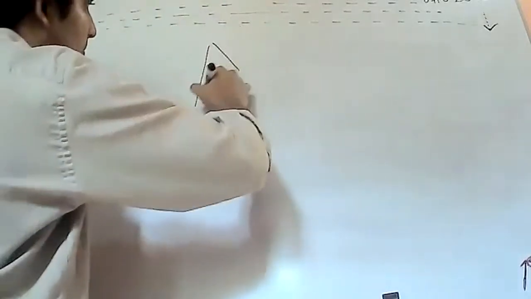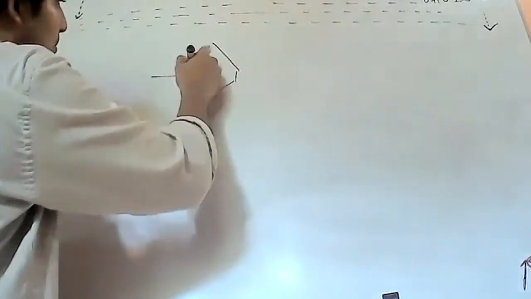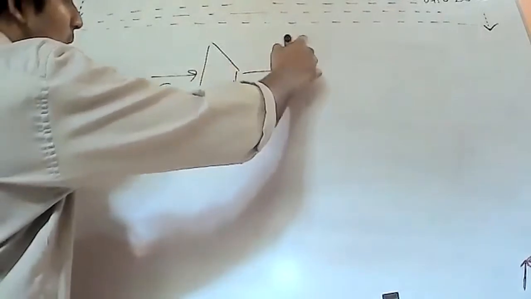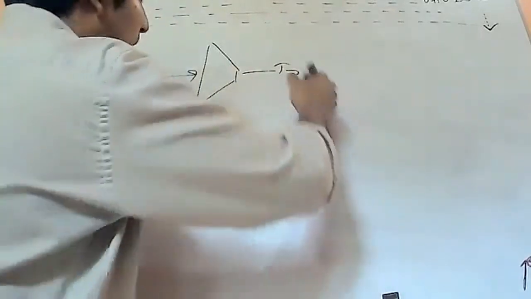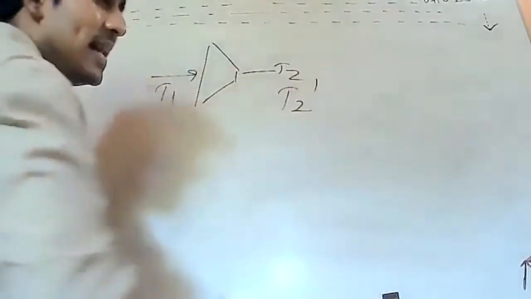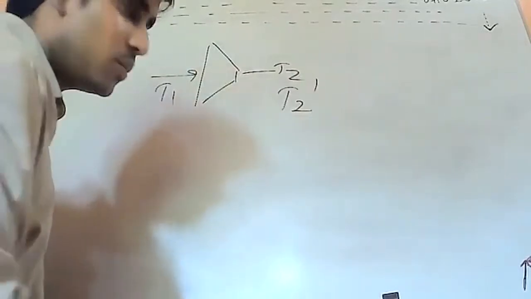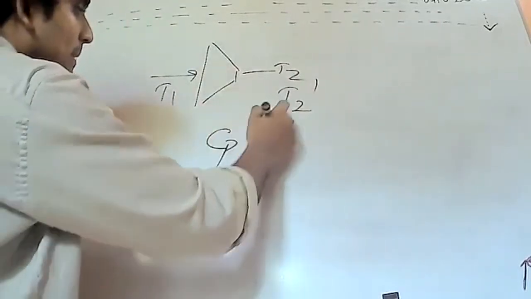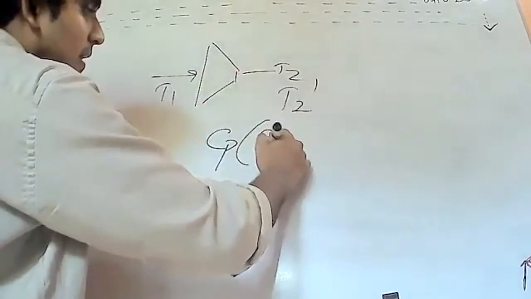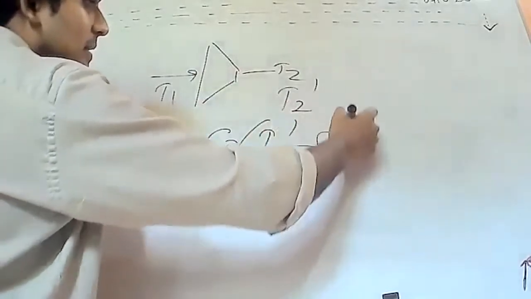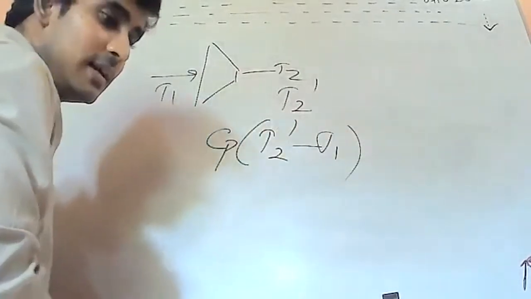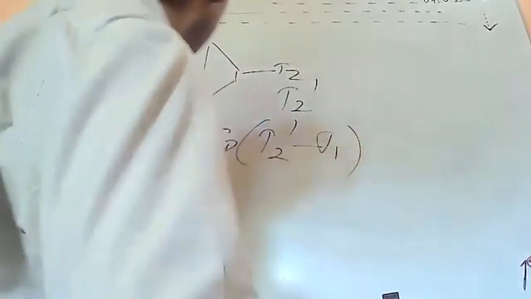Now let's consider the compressor work. I told you this is the compressor. What is the input? T1, output T2. In the actual scenario, it will become T2 dash. So what is the compressor work? Cp times T2 dash minus T1, right? But be very careful, guys. In this problem, there are two compressors.